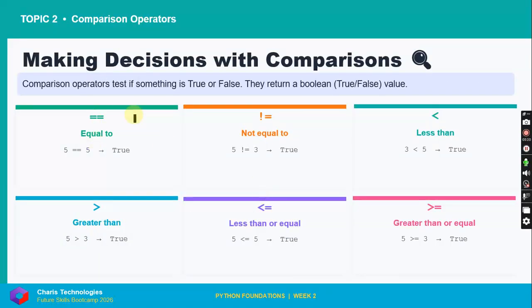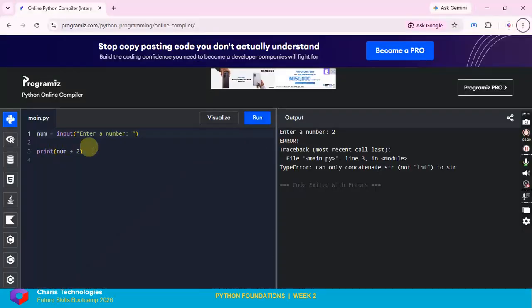All right. So we can make decisions. We can use comparison operators like equal to. Now in Python, the single equal to is not the equal to in mathematics.